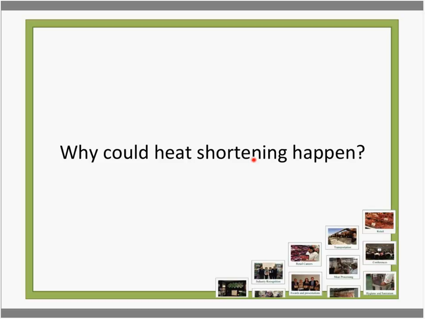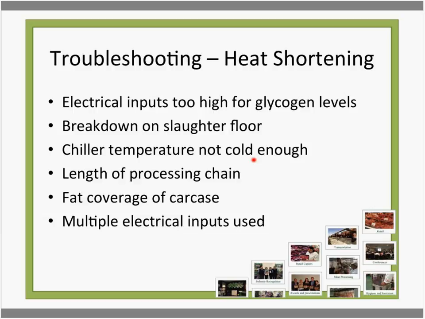So the heat shortening is when you've got that rapid decline in pH. It could be because your electrical stimulation is too high, so you're using all the glycogen so quickly at the beginning because you've got too much stimulation.